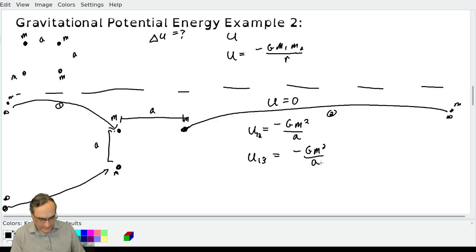But now we've got something else going on. Notice there is also an interaction across the diagonal. Now think about what's the distance across the diagonal. If it's a on one side, a on the other side, you can use Pythagorean theorem to figure it out. This distance across the middle will be square root 2 times a. So that means there's also a potential energy between 2 and 3 that looks like minus G m squared over square root 2 a.